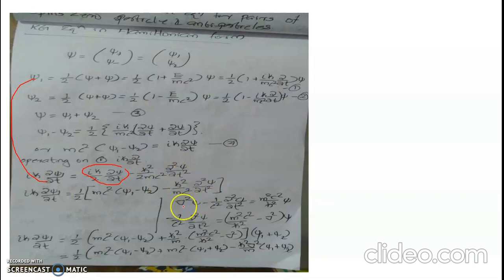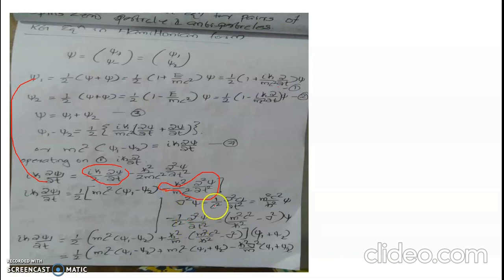We have the Klein-Gordon equation: del square psi minus 1 by c square dou square psi by dou t square equal to m square c square by h cross square psi. I substitute minus 1 by c square dou square psi by dou t square here from the Klein-Gordon equation.